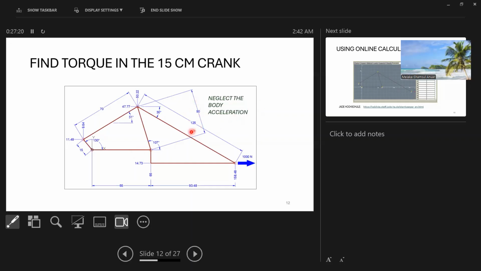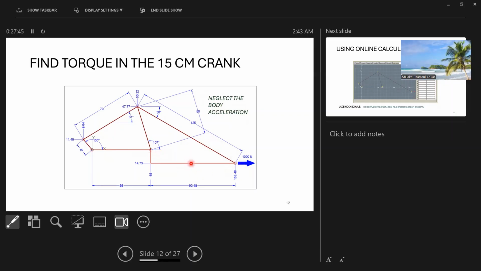In this example or analysis, I neglect the acceleration, because if this thing is already in motion, it will probably have certain acceleration, and that needs to be considered in the calculation.